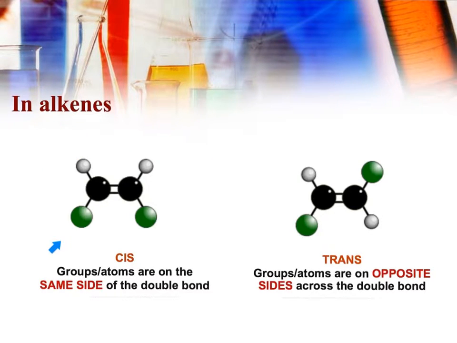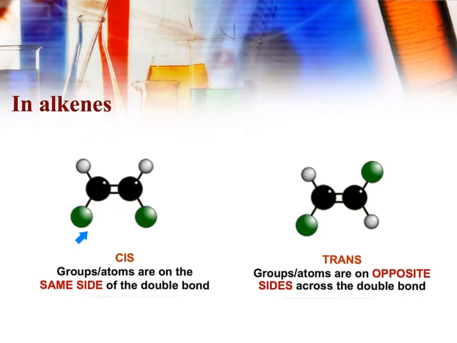Now, when we have a group where the chemicals are on the same side, and I do want to stop and say that when I'm talking about the chemicals, they can be the same, so these could be chlorines, or we could look at this being a chlorine and this being an iodine. But we notice that both of these are on the same side of the double bond, and so we use the prefix cis in our name.